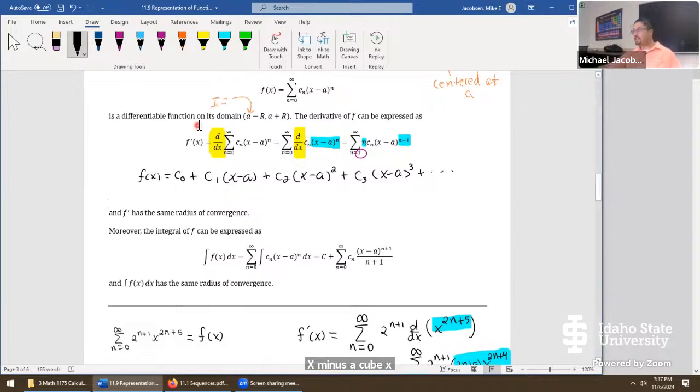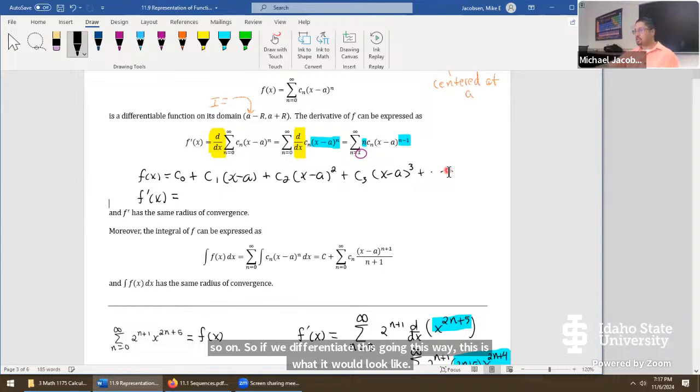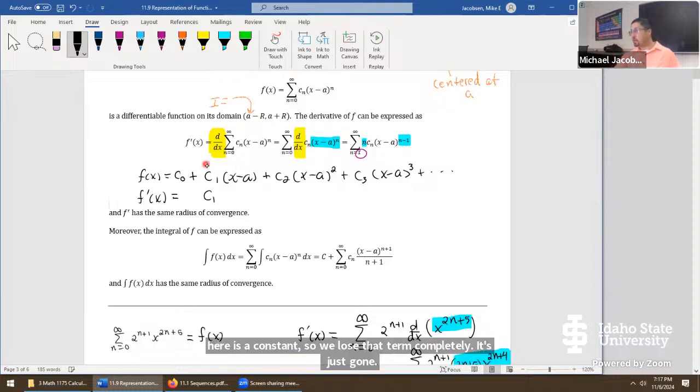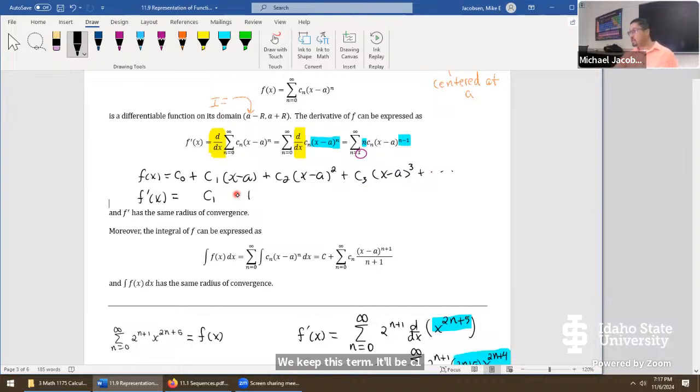So if we differentiate this going this way, this is what it would look like. F prime of x equals, the derivative here is a constant, so we lose that term completely. It's just gone. We keep this term. It'll be c1. X minus a vanishes in the derivative, so we'll go plus 2c2, x minus a.